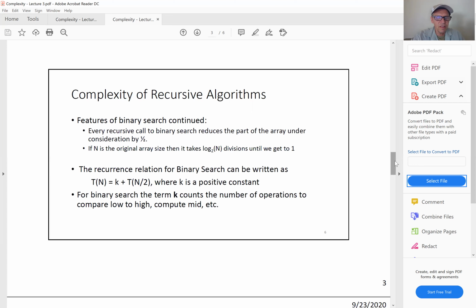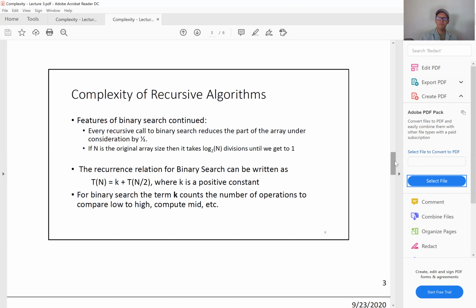Okay, so let T of n represent the number of operations for binary search. Well, it's equal to K for every iteration. For every call, there's a constant number of computations. Let me say that again. So binary search at any level, the number of operations is a constant K plus, and then we call binary search again, only we cut the number of elements under consideration in half.